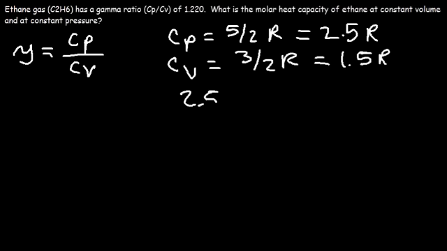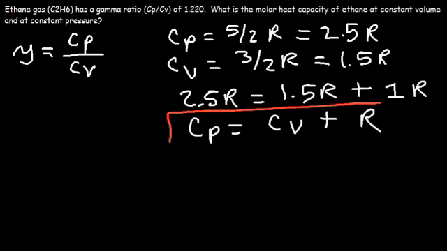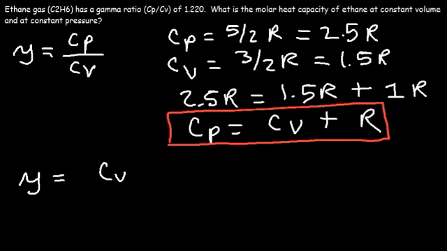Now, 2.5R is equal to 1.5R plus 1R. 1.5 plus 1 is 2.5. So therefore, we can say that Cp is equal to Cv plus R. So using this relationship, which is very accurate for ideal gases, we can say that gamma is equal to Cv plus R divided by Cv.